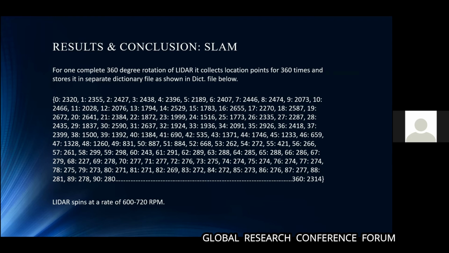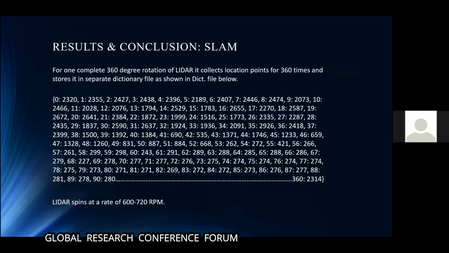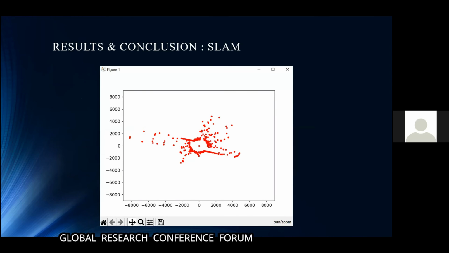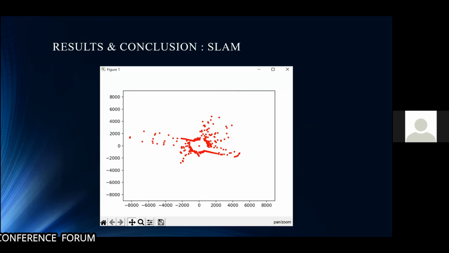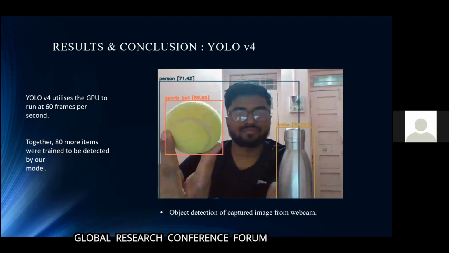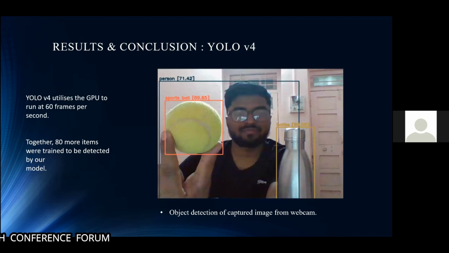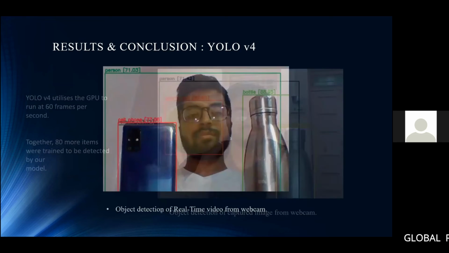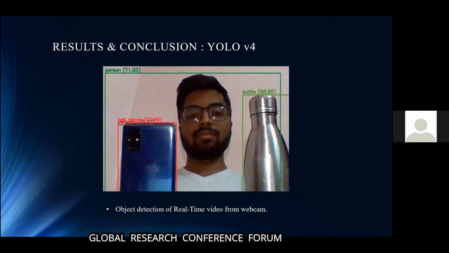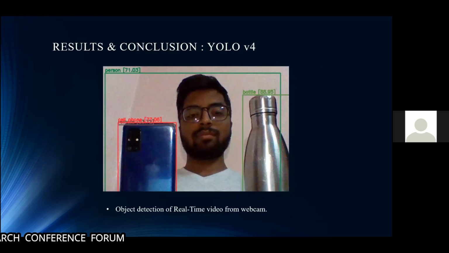The second is to make an actual robot which will do the mapping of the surroundings as well as real-time object detection and feature detection, all in a single full-fledged autonomous system. This is my final objective. It will take 3 or 4 months for me to develop it. This was my project timeline, and these are the references.